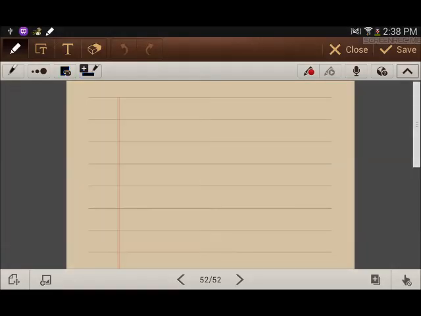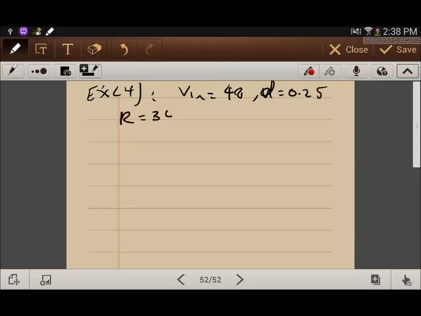Another question is example number 4. Vn is 48, D is equal to 0.25, R is equal to 36 ohms, and what is the output power?